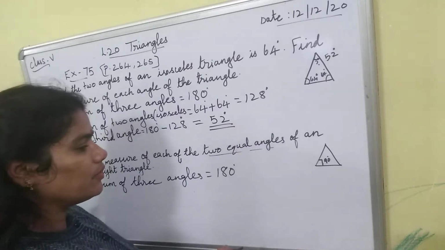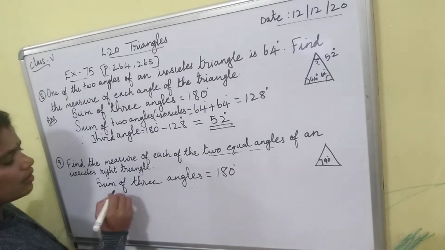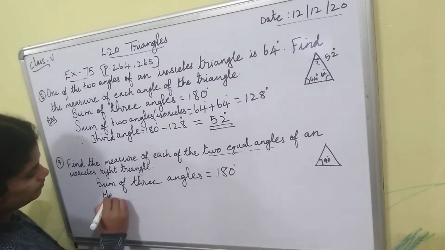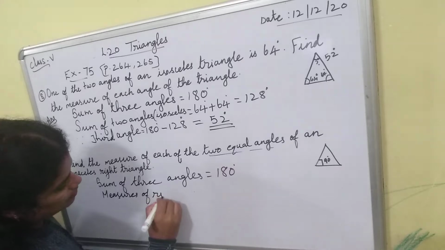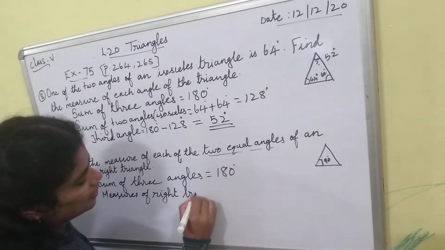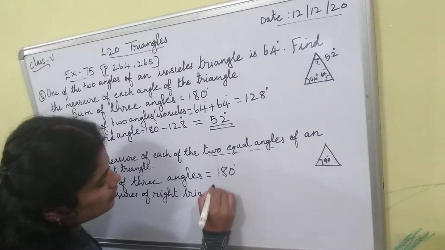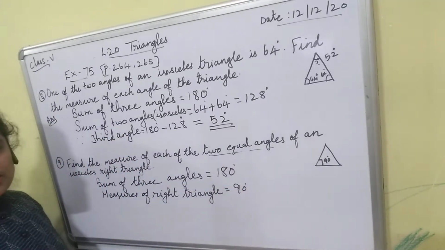So we have to find out the measure of the right angle equal to 90 degrees. Is it clear?